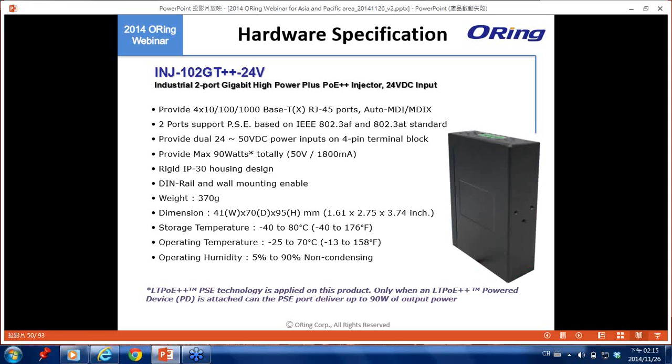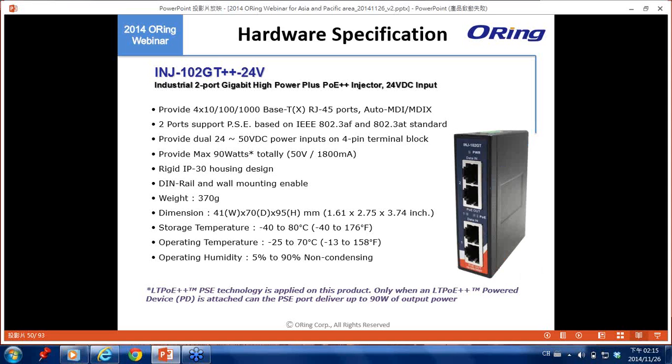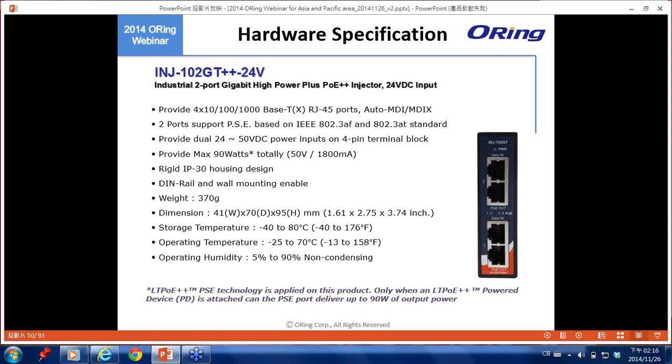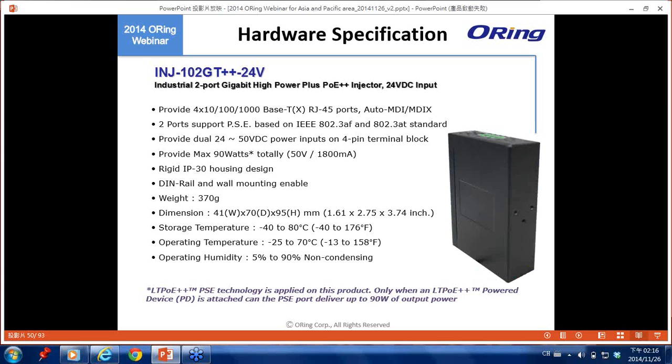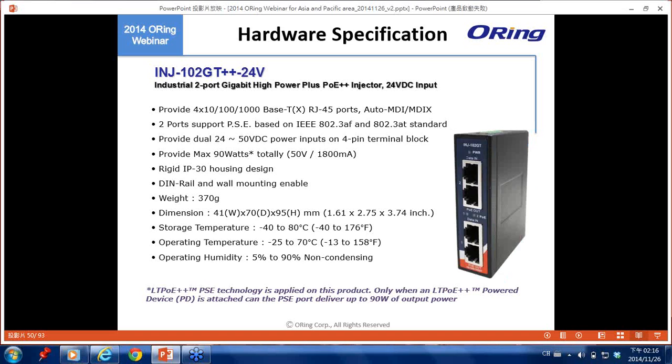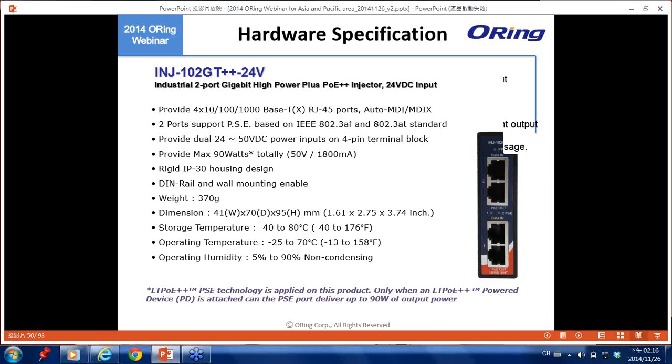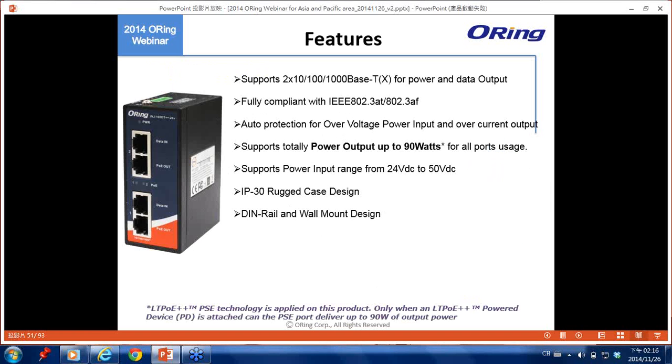This injector is compliant with both 802.3at and 802.3af, and the maximum power output of the injector will be 90 watts in total. The power input for the 24-volt model will be from 24 volt to 50 volt, but for the standard model, it will be 50 volt DC power input.